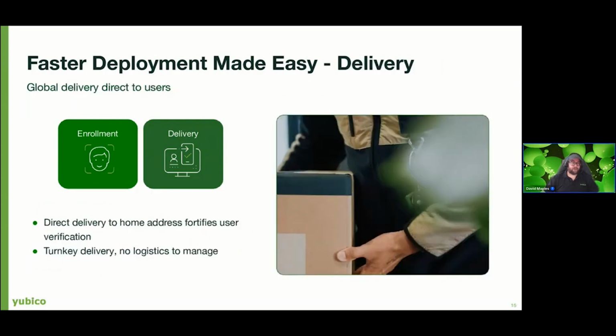Following that, we have to talk about how the YubiKey gets from the Yubico production facility to your users. Yubico will ship these pre-registered YubiKeys globally to over 217 or more countries directly to home addresses. This allows you to track the actual shipments.